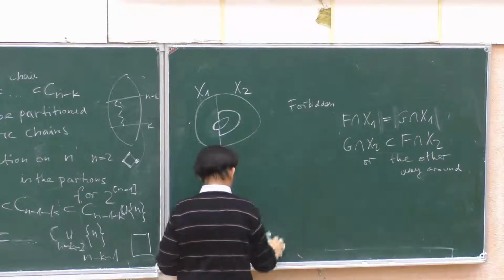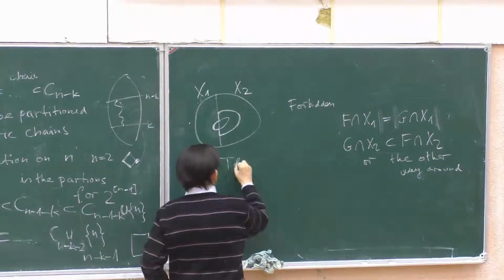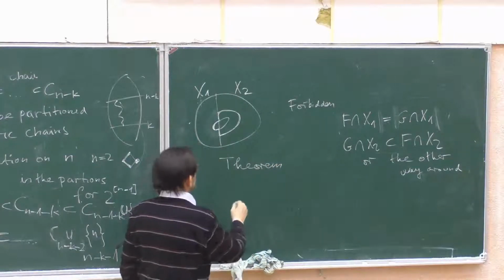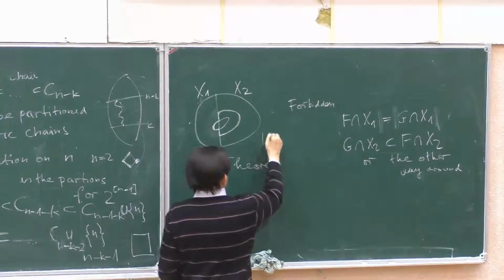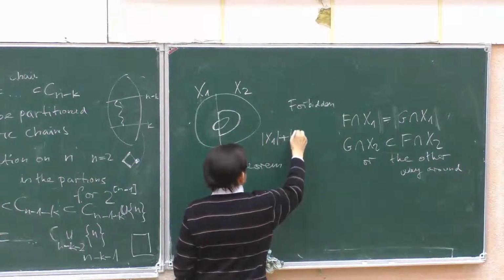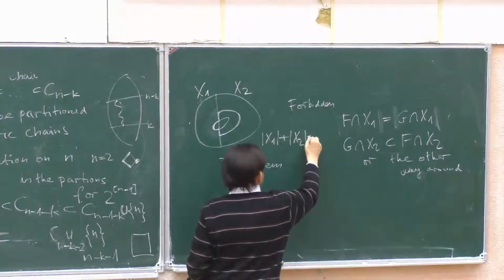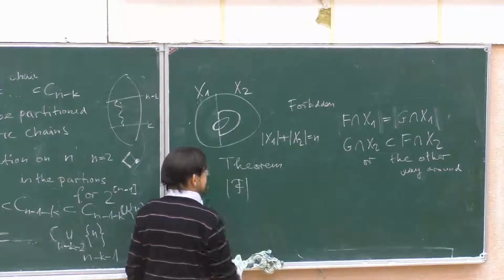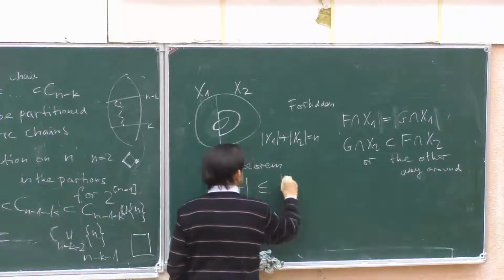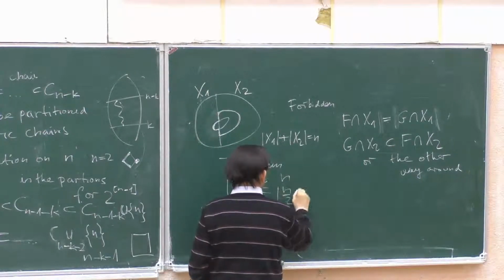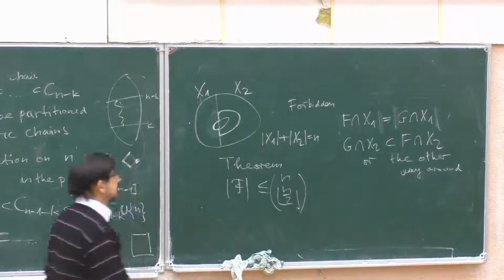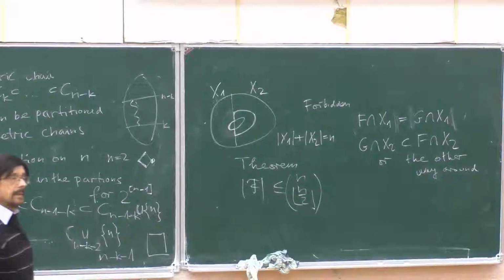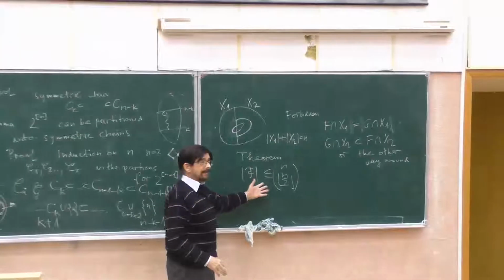And so theorem: if x plus y is n, then under these conditions it's still the same thing. So the condition is weaker, but the result is the same.